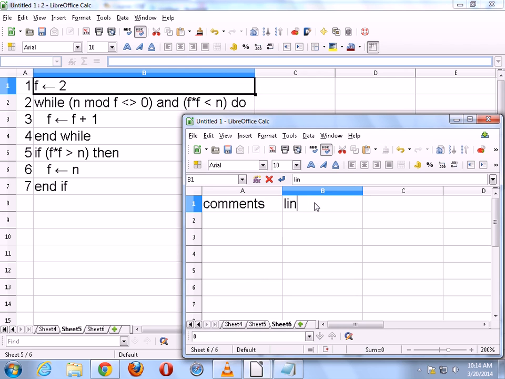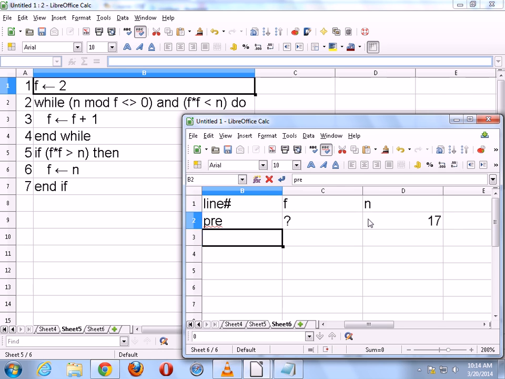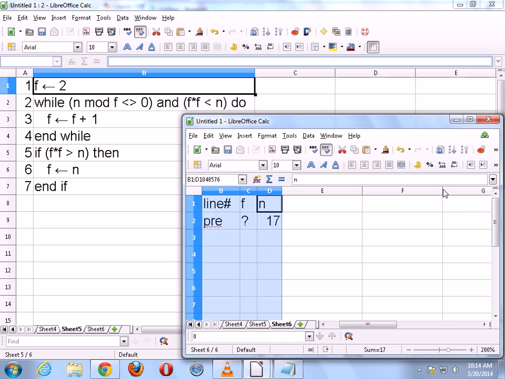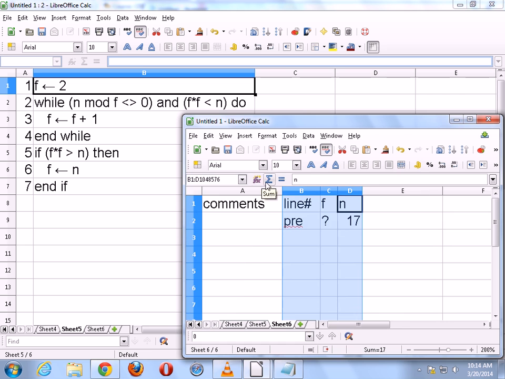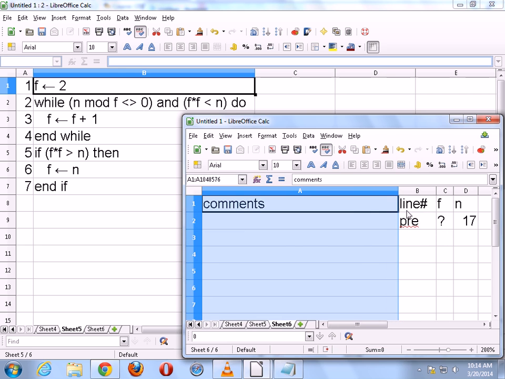Still have line number, and then we have f and n. And let's say n is 17 to begin with. F is unknown to begin with as our precondition. And we'll make our comments as wide as we can, because it takes up a lot more space this time.